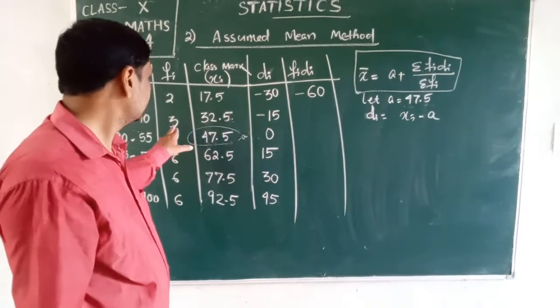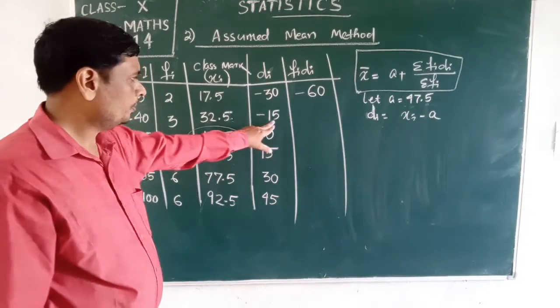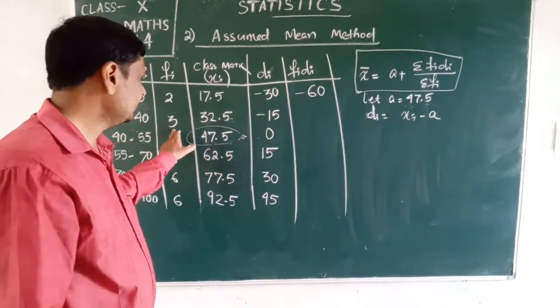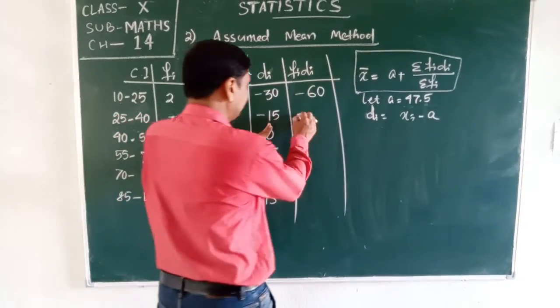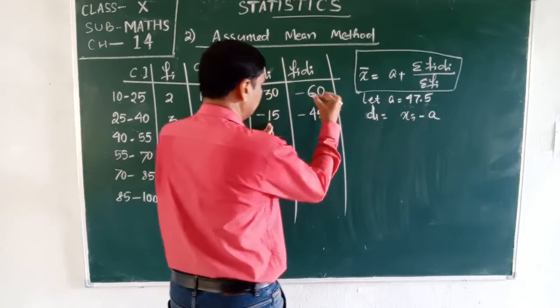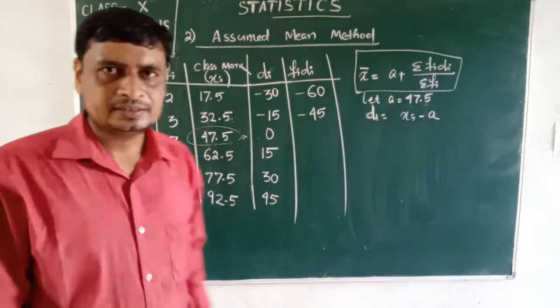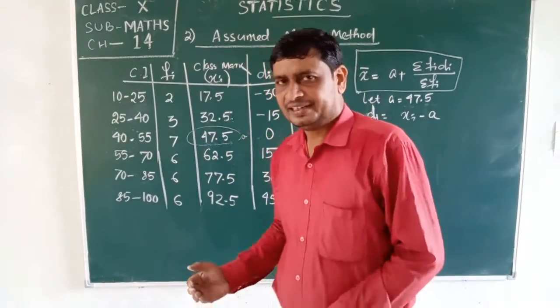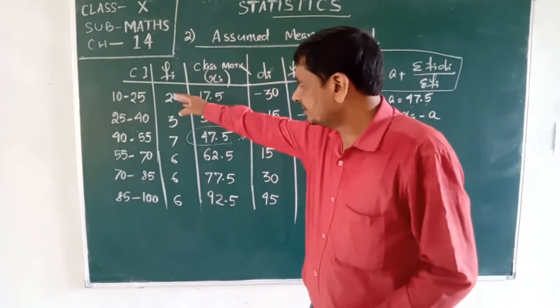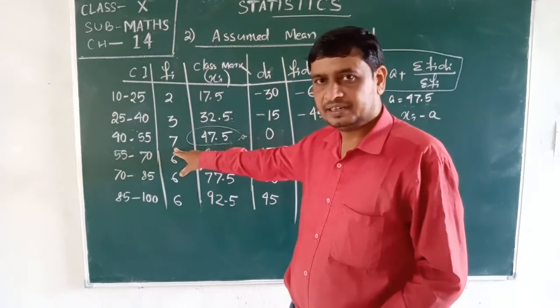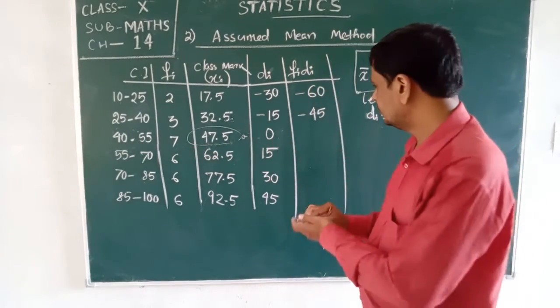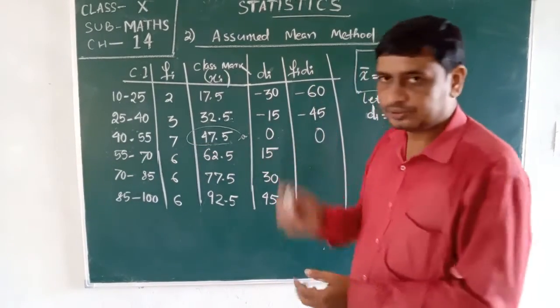Similarly, 3 into minus 15, Fi into Di, becomes minus 45. We are multiplying the elements of Fi and the elements of Di. Here 7 will multiply with 0 becomes 0.